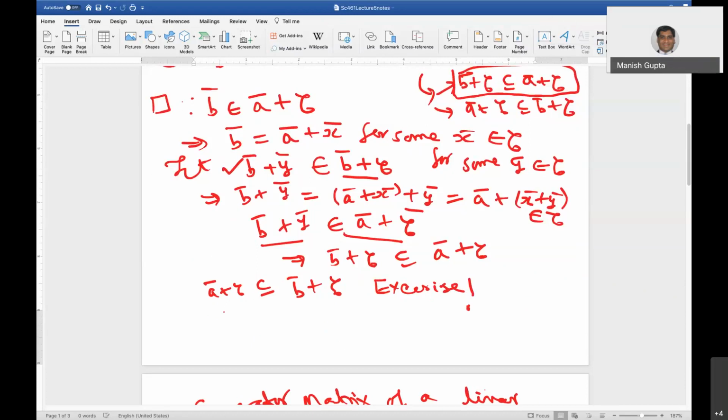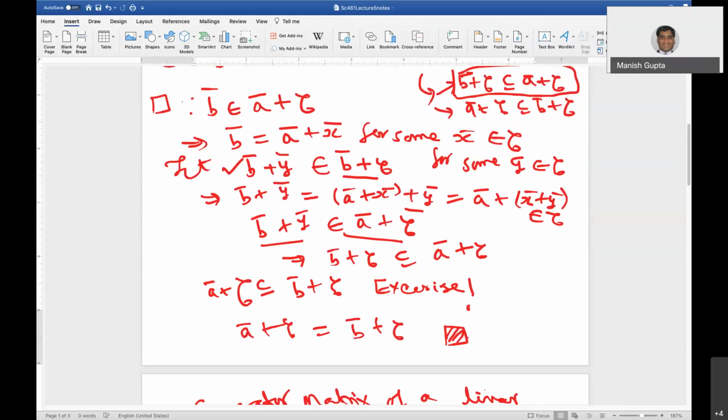You just take an arbitrary element in A plus C. Okay, I think this is not properly written here. Take an arbitrary element in A plus C and show that it is in B plus C. So that way we get A plus C is the same thing as B plus C. We are done.